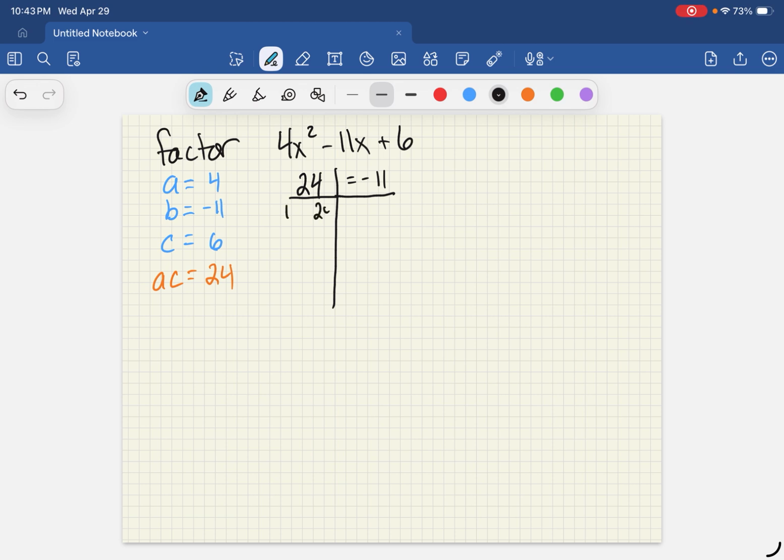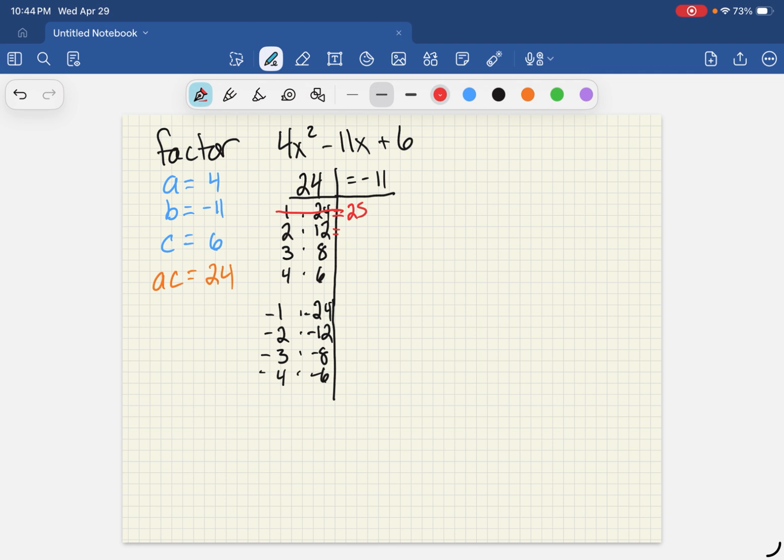From my factor chart, I would write down all of the numbers that multiply together to give me 24. 24 is positive, so I could have two positive numbers, or I could have two negative numbers.